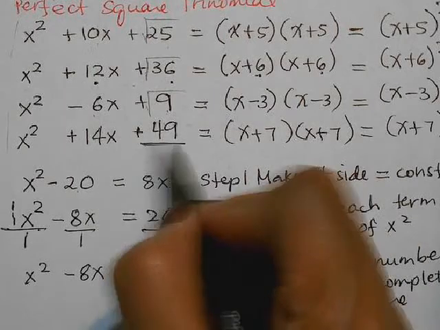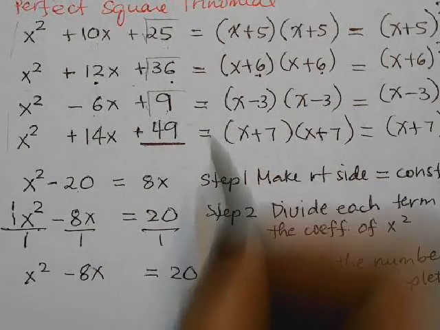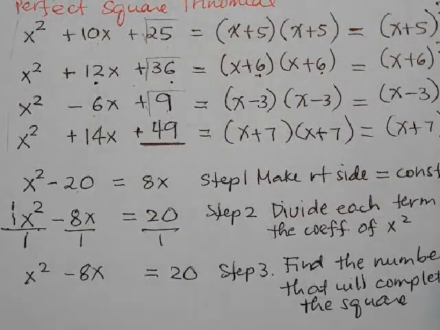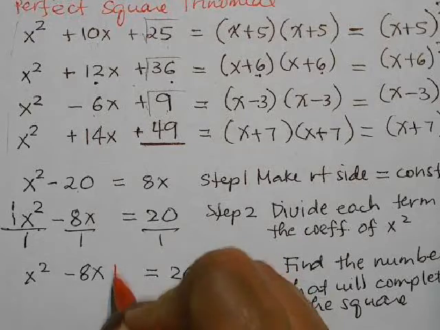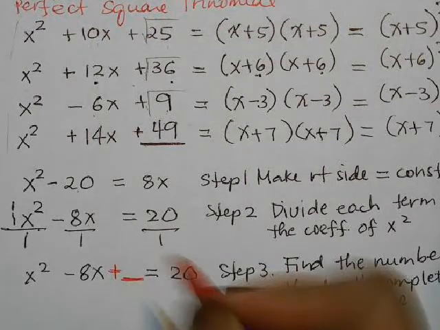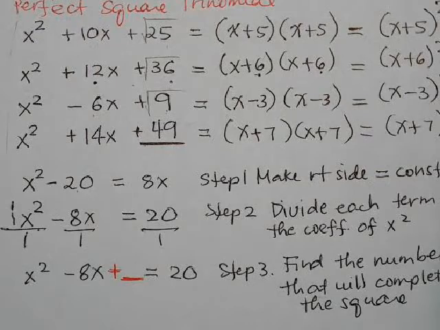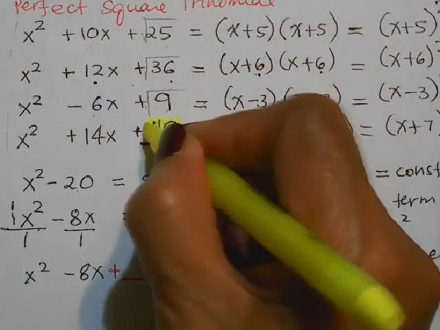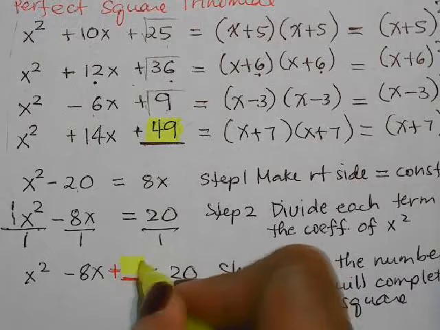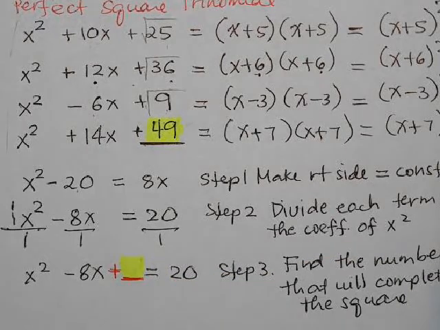You remember how we got the 49? That's the same thing that we're going to look for here. What should I add? So this will be a perfect square trinomial. That's also the same way we're going to find that number.